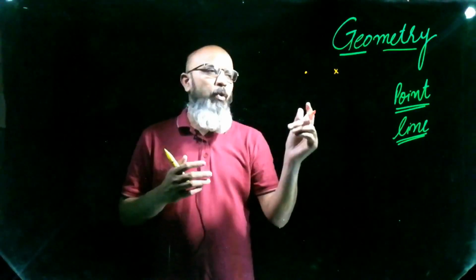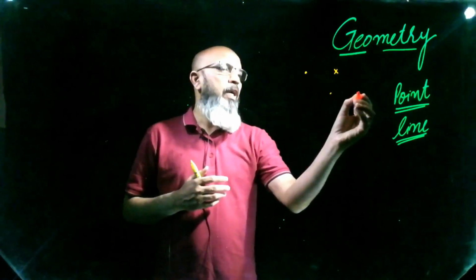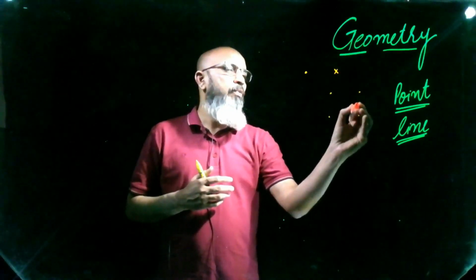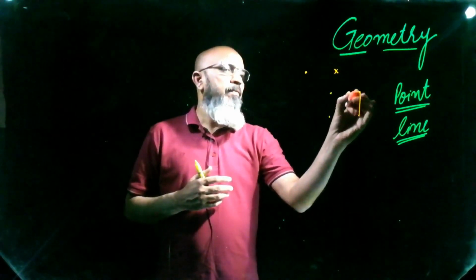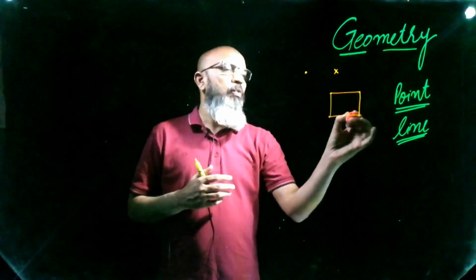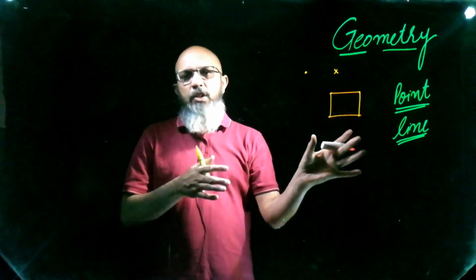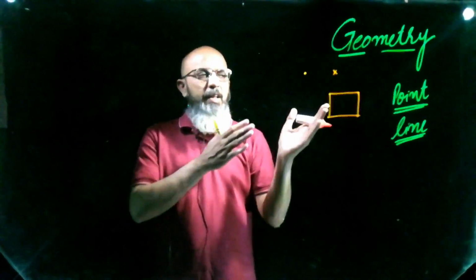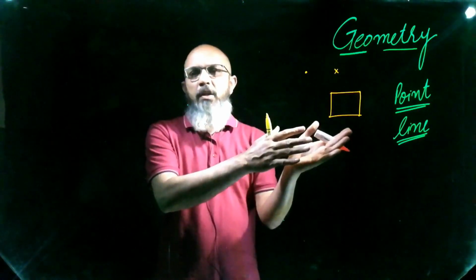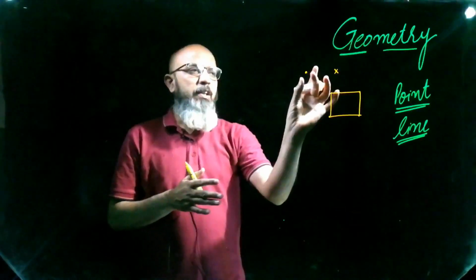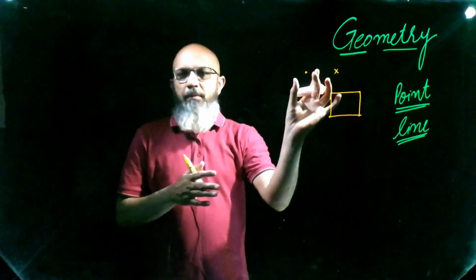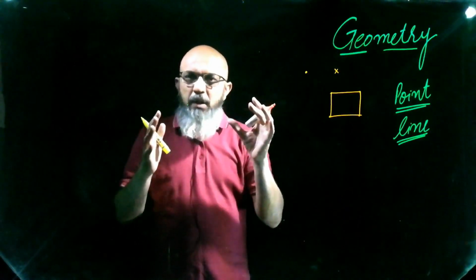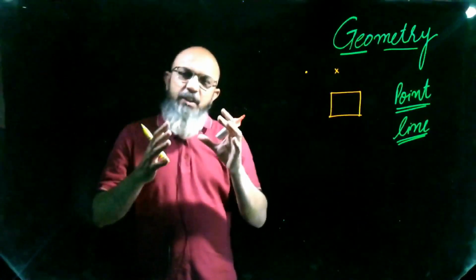Suppose we have 4 points, 1, 2, 3, 4. If I join these 4 points, I get a geometrical shape of 4 sides. It can be a square or a rectangle, right? So that is the basic point on which all the shapes are constructed.